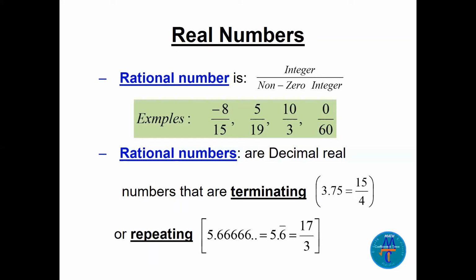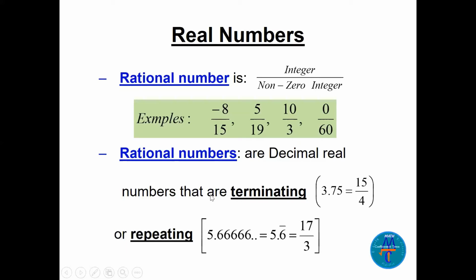Also, rational numbers can be decimals that are terminating. If you see a decimal terminating, like 3.75, 0.2, 1.69, 4.31, terminating is finishing, then this is a fraction, so that's a rational number. So 3.75 is the same as 15 over 4.